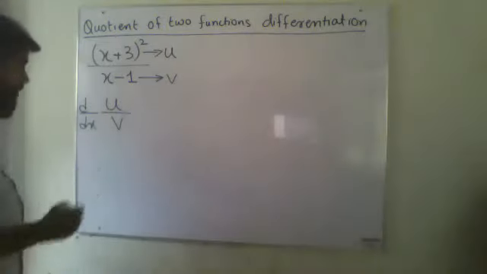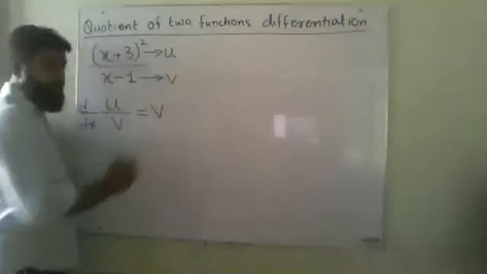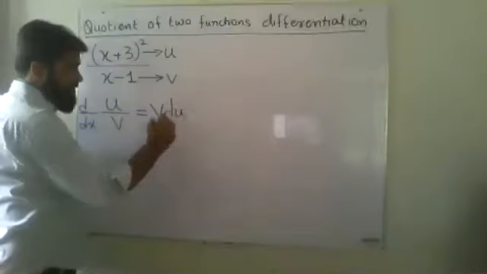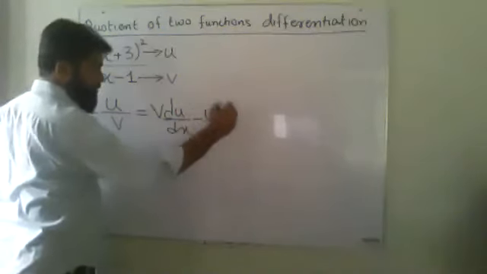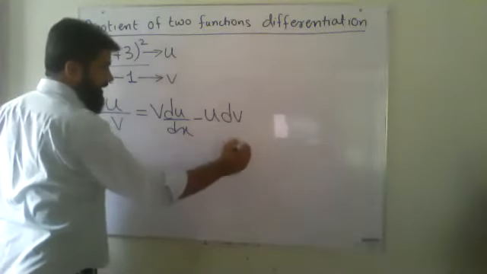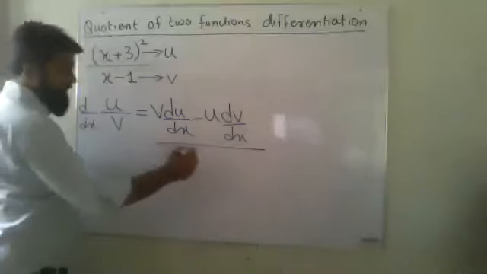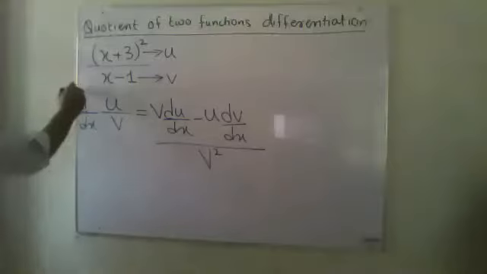So how are you going to differentiate u upon v? What is the rule? The rule says you will write v times differential of u, minus u times differential of v, and the whole thing will be divided by v square.